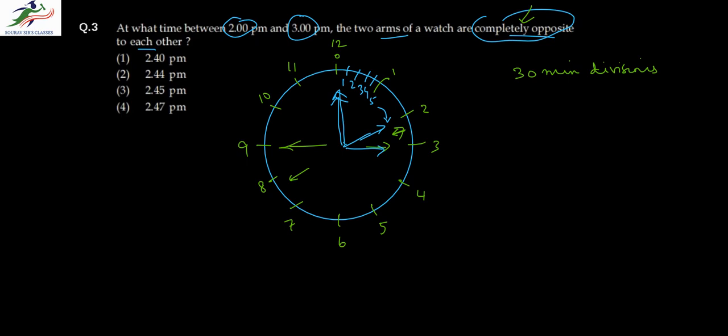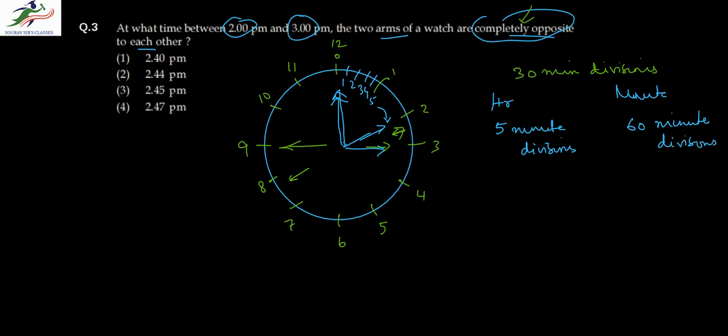Now in between, what happens is the hour hand travels 5 minute divisions, and the minute hand travels 60 minute divisions.